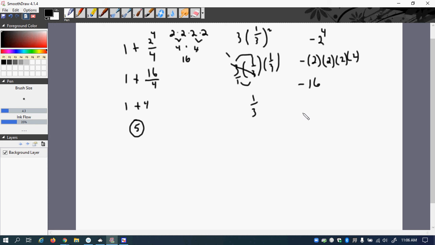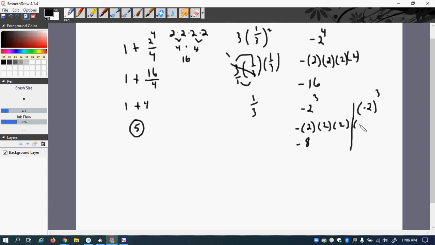But if we do something like this, negative 2 to the third, that means again the same thing. So I still get negative and it's 8. But if I do parentheses, then we have a different situation, because now the negative is being set up to be 3 times.